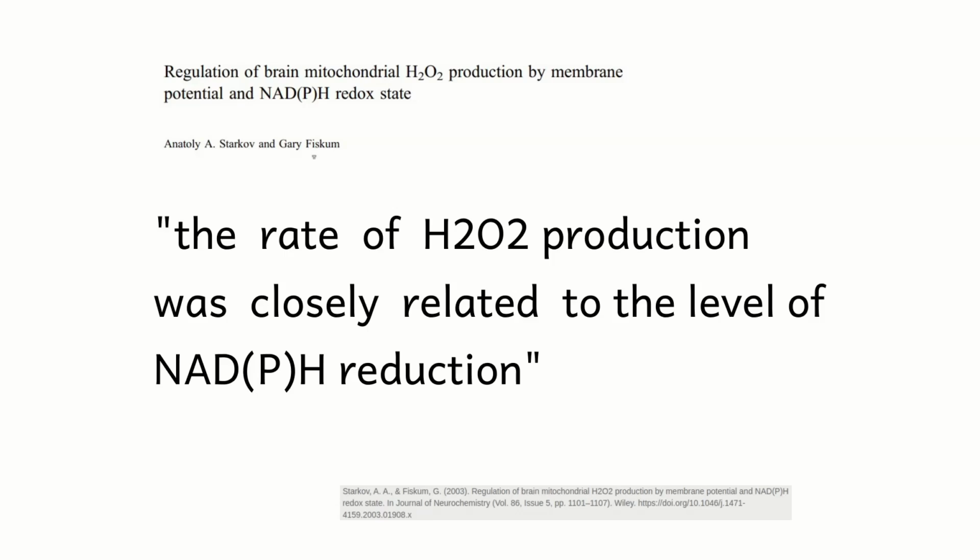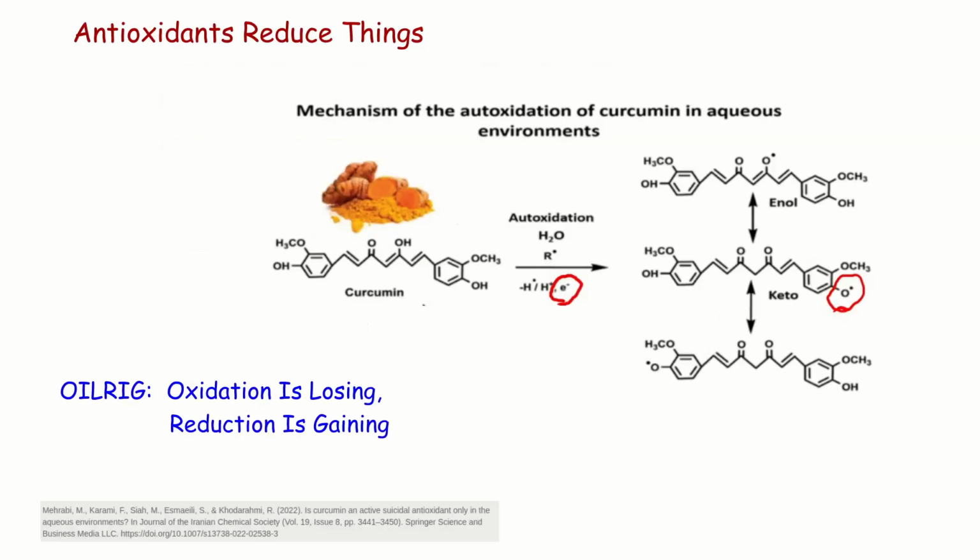So the more reduced the NAD pool is, the more NADH and the less NAD+, the more hydrogen peroxide, which is an indicator of superoxide production, happens. And so in a highly reduced cell, it turns out you make more superoxide because the source of superoxide is all those electrons that NADH has.